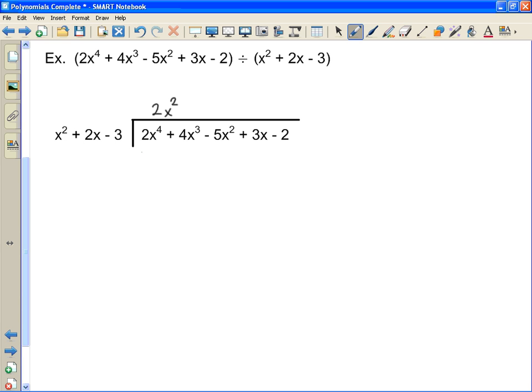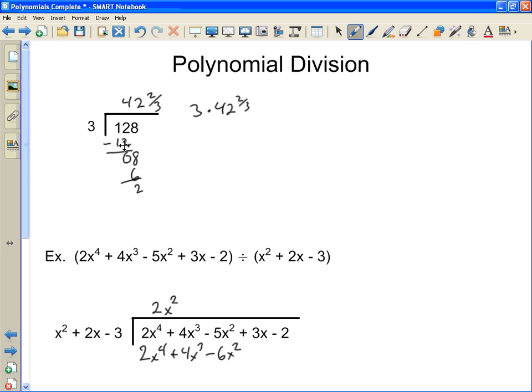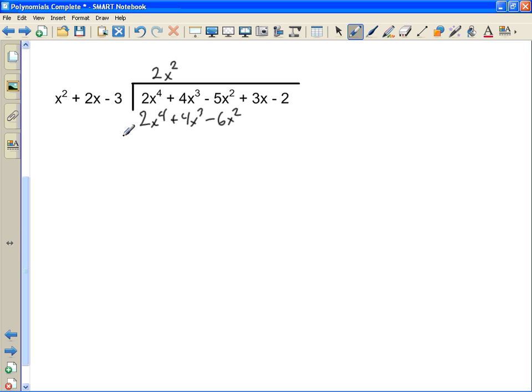So when I do that, I get 2x to the 4th plus 4x cubed minus 6x squared. And if you remember, after we put it underneath there, we subtracted it away. So I'm going to subtract this. So the easiest way to subtract is to just change all your signs and then think of it as adding.